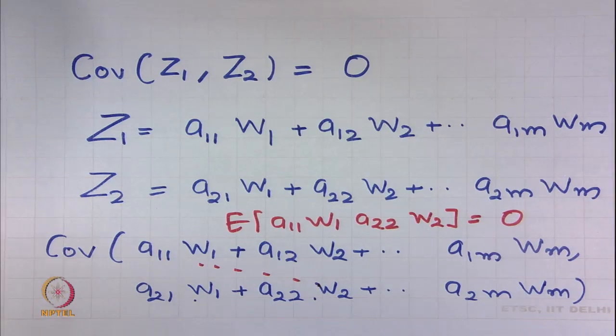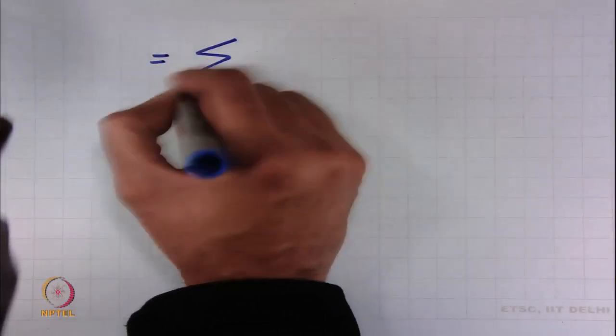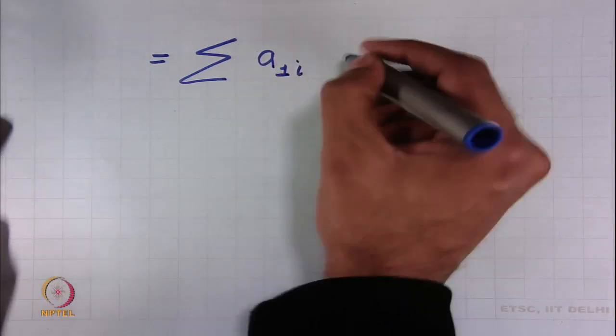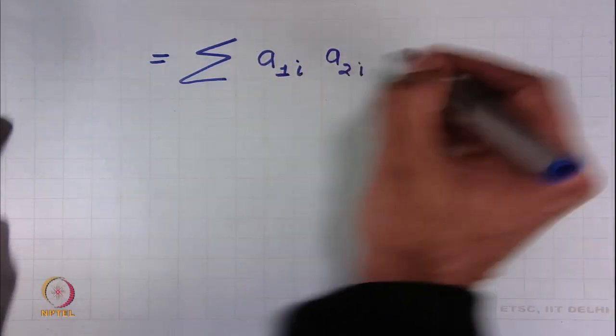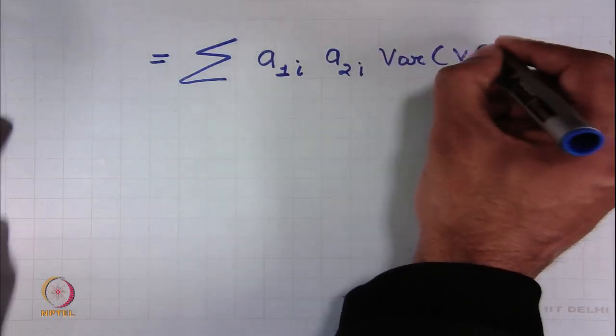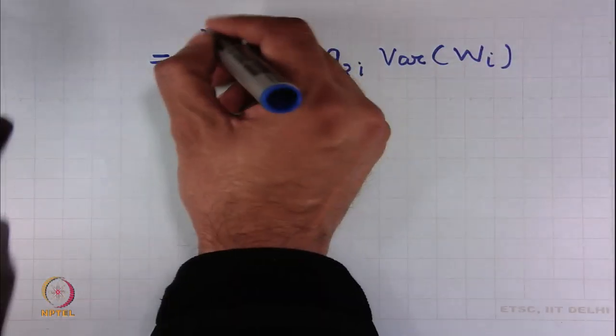So, finally, what we will have is the summation of a1i a2i variance of wi, where i goes from 1 to m. Okay.